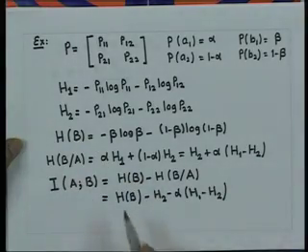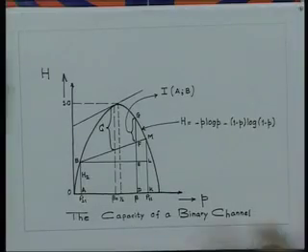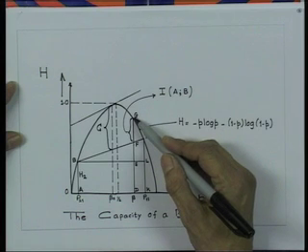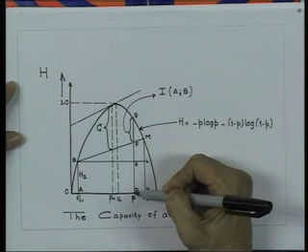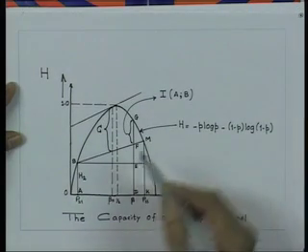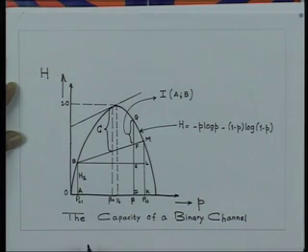Now, all these entropies can be depicted in a figure as shown here. In this figure, the length of DG represents the value of the entropy of the output alphabet, that is H(B). The length of AB represents the value of H2.